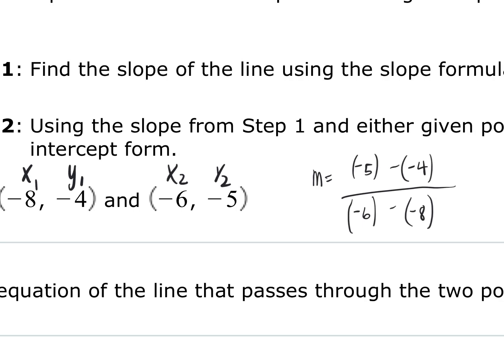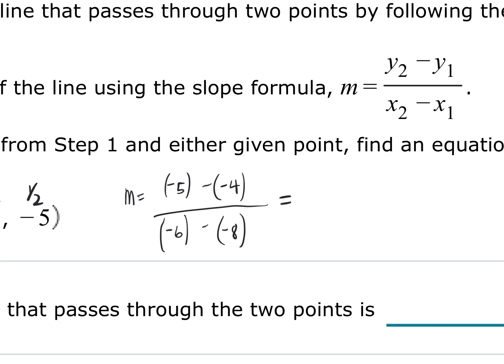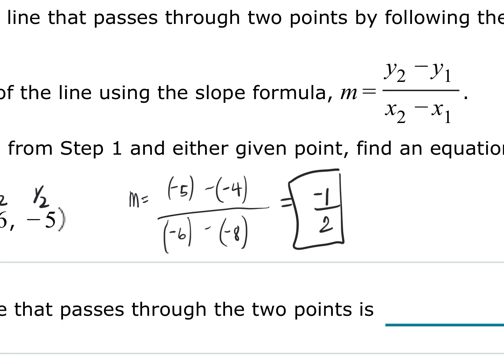And because of my template and my parentheses, I can clearly see that I have minus and negative for both of these right here, which ends up being like saying plus. So -5 plus 4 is -1, and -6 plus 8 is 2. So -1/2 is our slope.